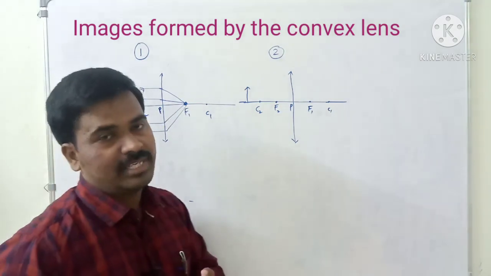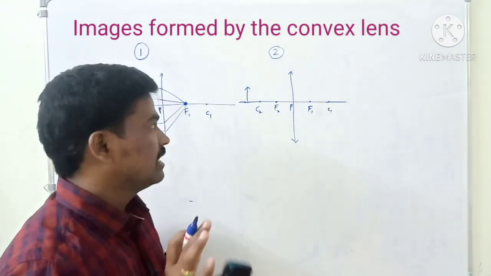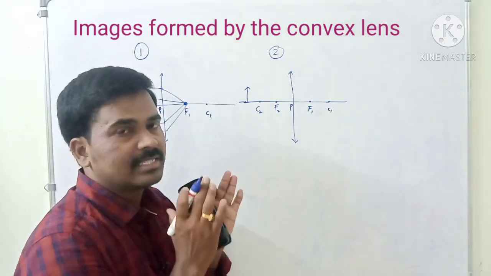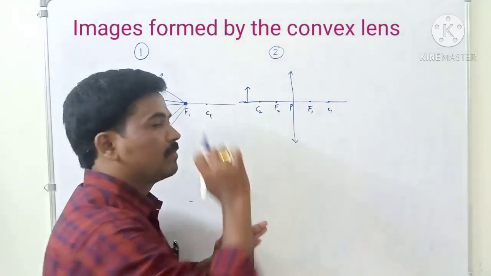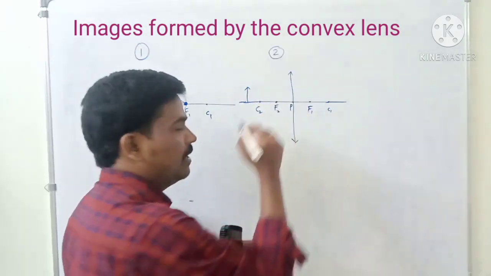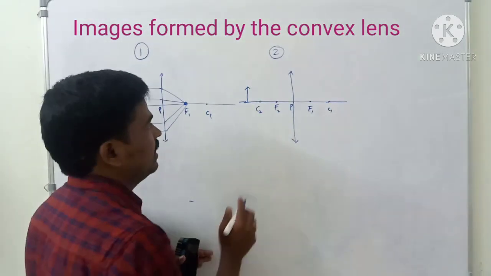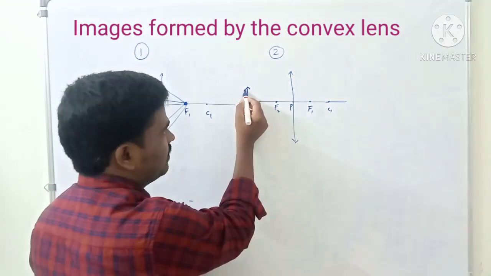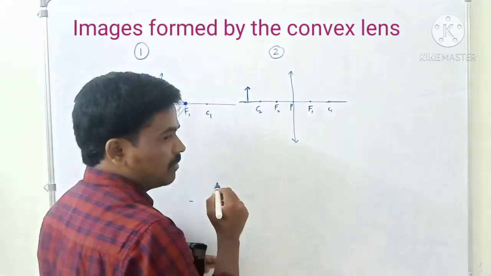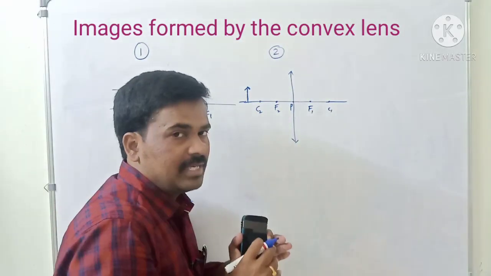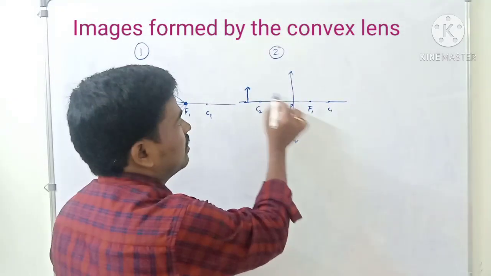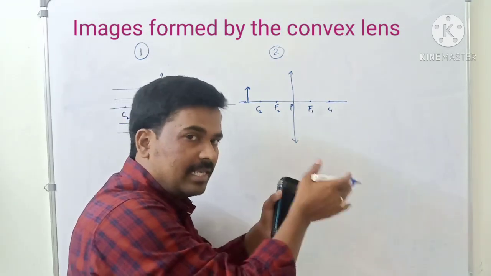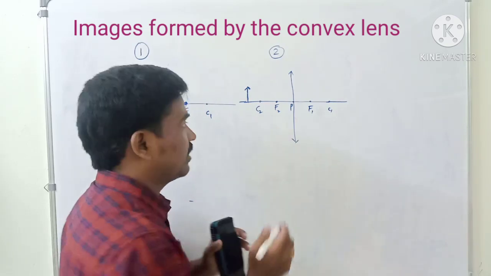We have 4 rays. I choose only 2 rays. One ray is coming parallel and the second ray is going to the P. I have to find where this head of the object is going to form. How can we get that image? By the intersecting of the rays. Where the rays intersect, there we can get the image.